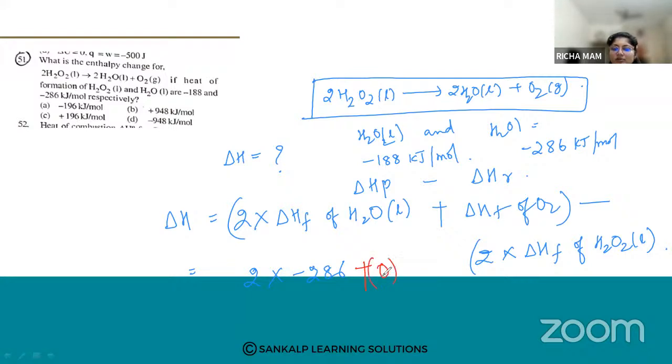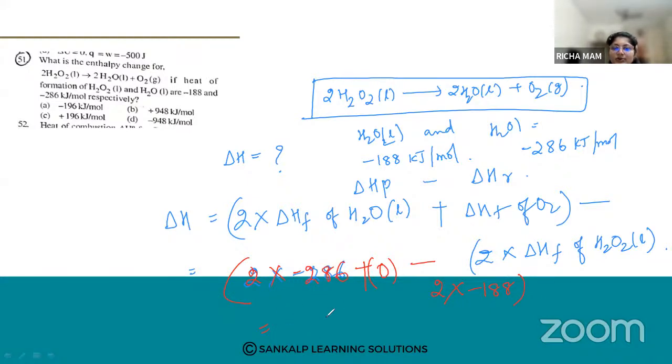Then minus 2 into the heat of formation of H2O2, which is minus 188. So substituting all the values, 2 into minus 286 plus 0.